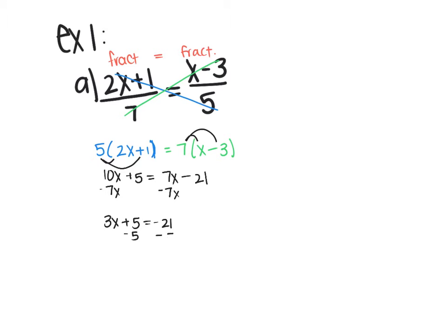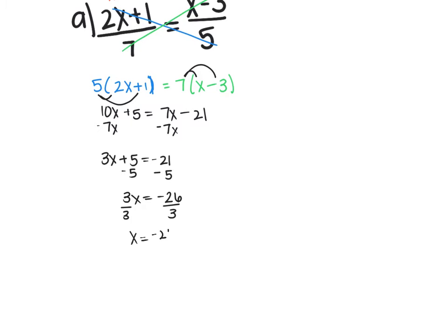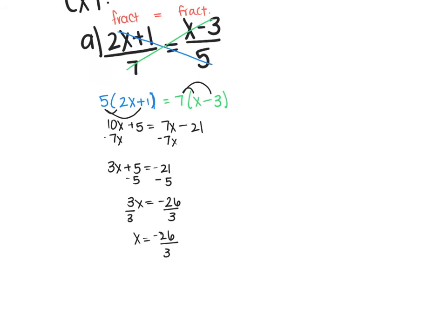Minus 5, so I get negative 26. Divide by 3, and I'm going to have x equals negative 26 over 3. Now, leave your fractions. I don't want mixed numbers or decimals. Just leave them like they are.